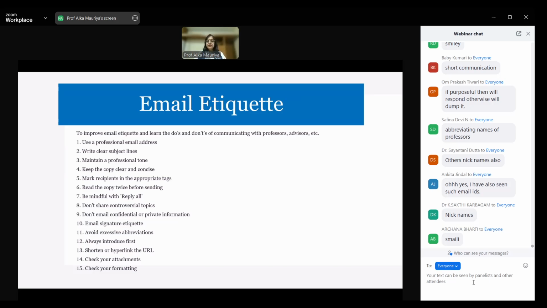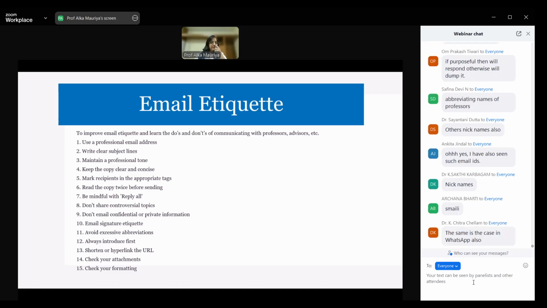We should maintain a professional tone. At times, we receive emails which are very unprofessional, and we have to be very clear about this, because one thing which I always tell my students is that when you are communicating in a digital world, you are creating your digital footprints. And it is very difficult to erase your digital footprint.